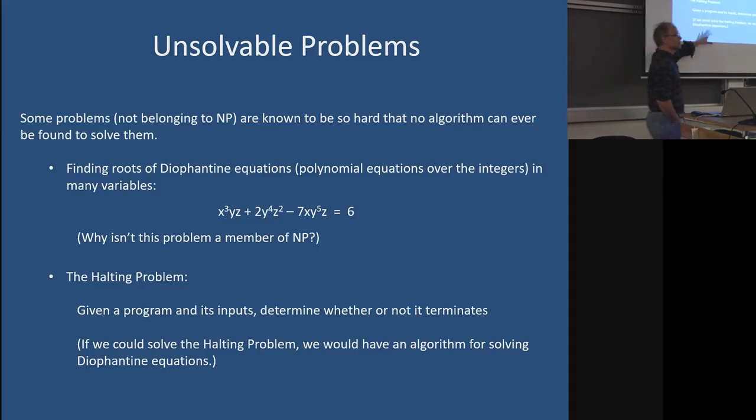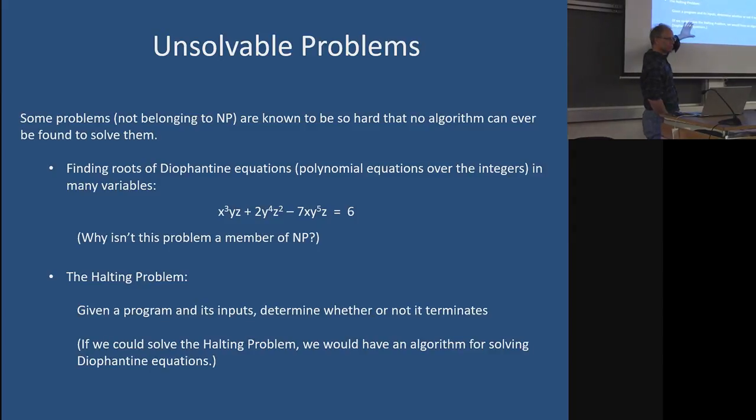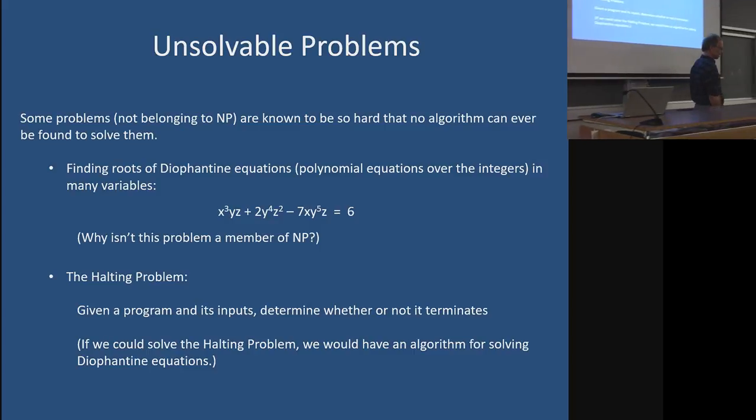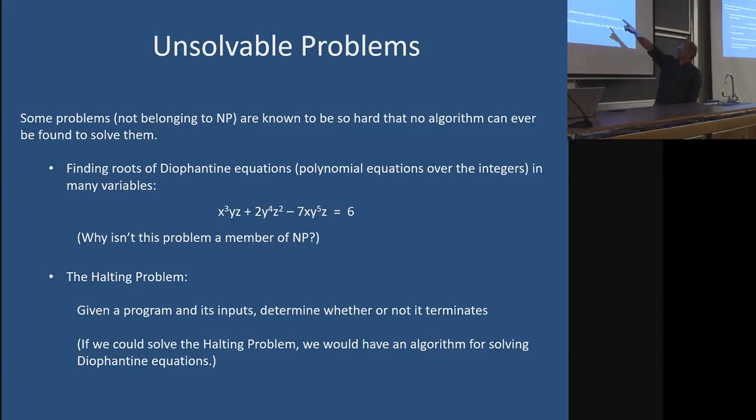Now, suppose we could solve the halting problem. Would that help us with this thing? So what we could do if we had the halting problem solved is take that input instance, write a program that tries all possibilities to solve that equation, and then instead of running the program, we would just ask, does this program halt?